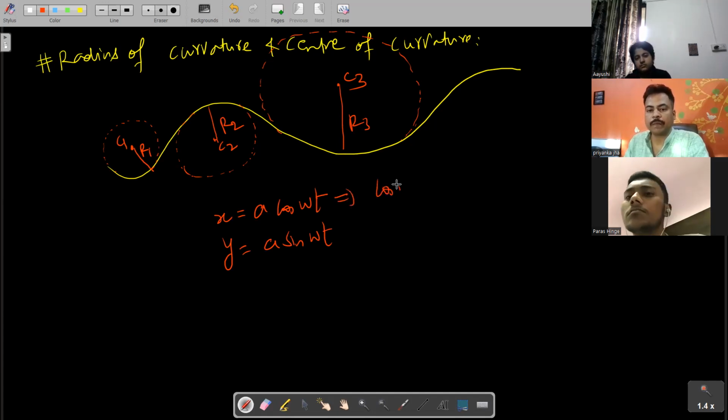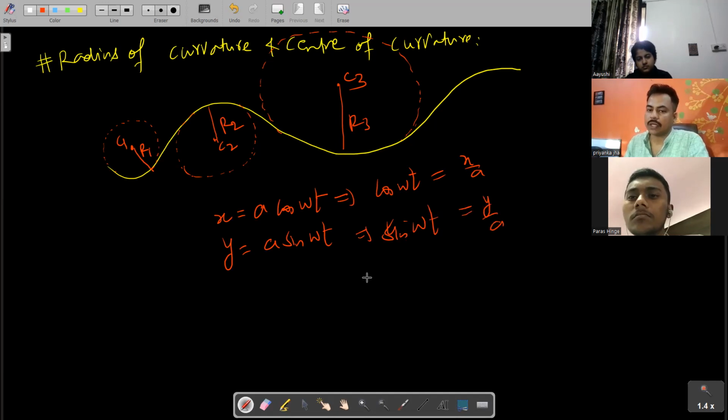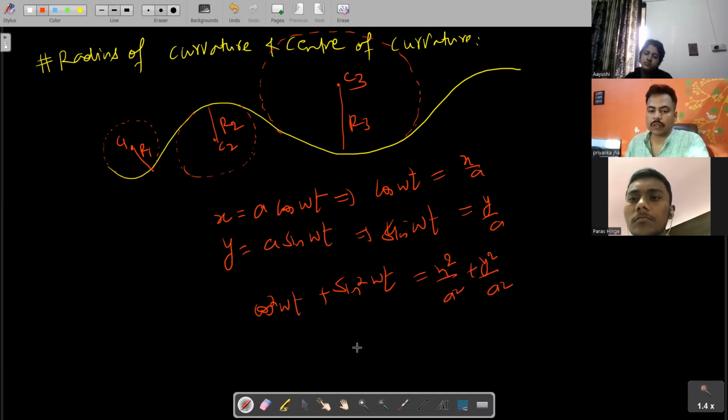How do you eliminate? From this equation, cos omega t can be written as x by a, and sine omega t as y by a. Just square and add. You will get sine square omega t plus cos square omega t equal to x square by a square plus y square by a square, and this is 1.